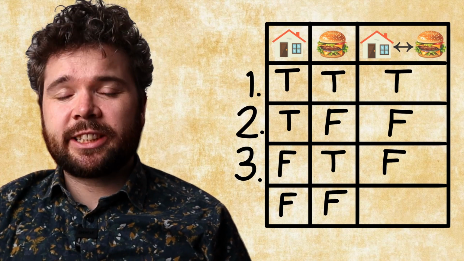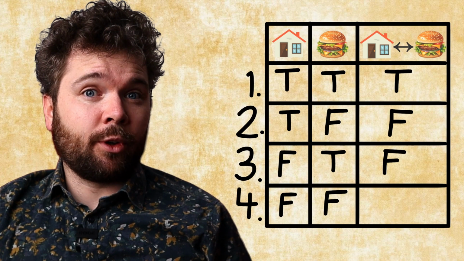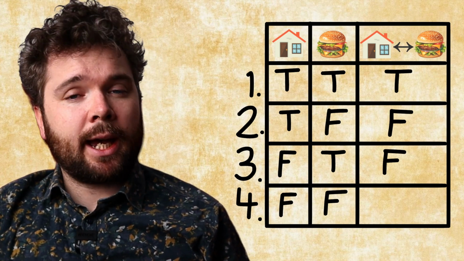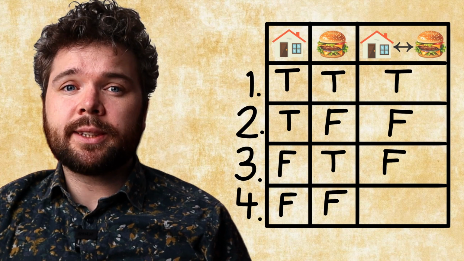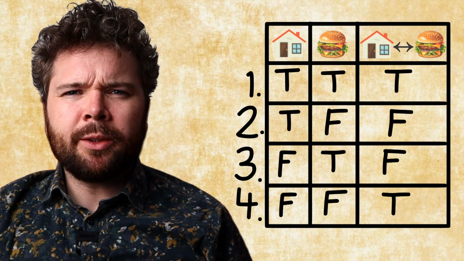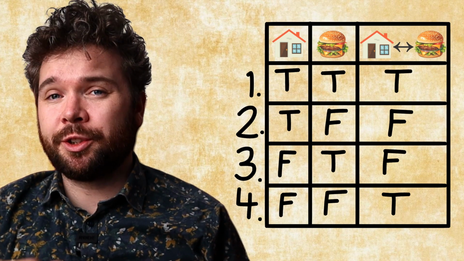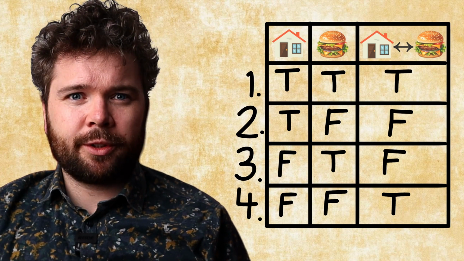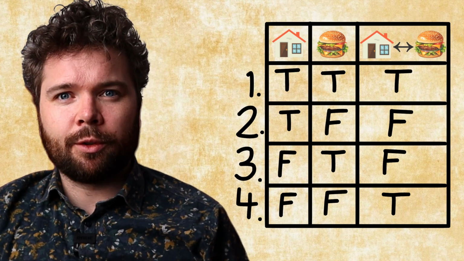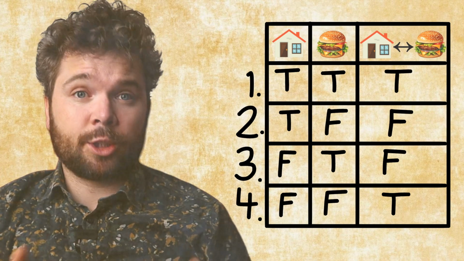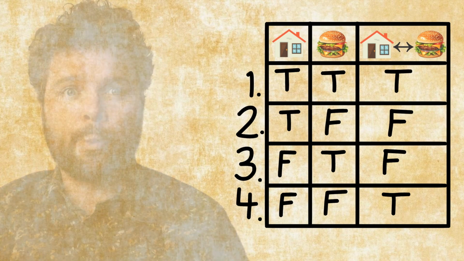And lastly, in scenario 4, it is false that I went to my friend's place and false that he gave me a hamburger. This makes actually the whole sentence true, since we didn't really perform a test to see if my friend lied to me or not, did we? In other words, if both are false, it doesn't contradict the whole sentence. So here we write down true.